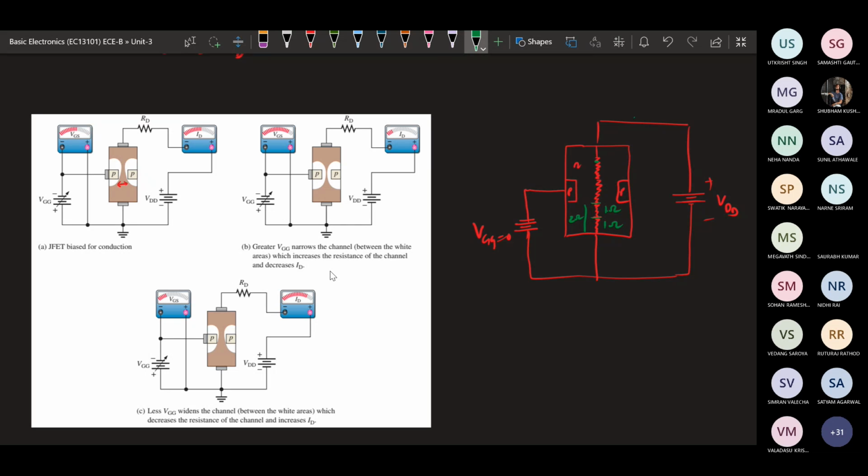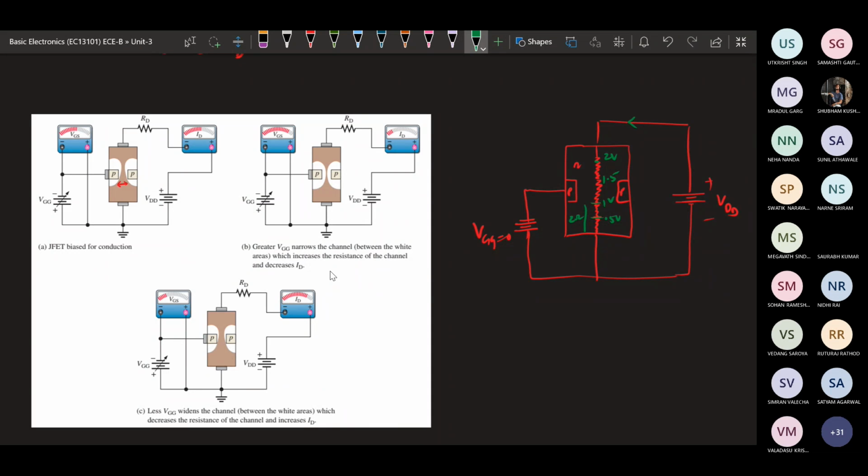The current direction is this way, so the positive and negative voltage drops will be there. Suppose 2 volt is here, here 1.5 volt, here 1 volt. And similarly on the downside, here it is 1 volt, suppose here 0.5 volt. So this will be the voltage drop.